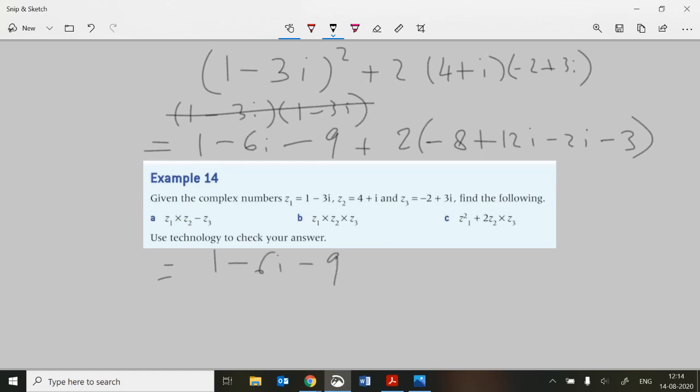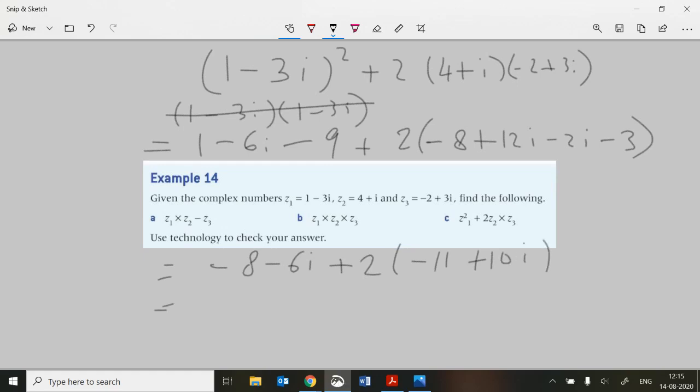If you're skipping through this, perhaps you've done it yourself. And we've got, so I'll simplify this first, actually. Let's just simplify this. We've got minus 8 minus 6i. And let's simplify what's inside the brackets here. So I'm doing my full working out this time around. And we've got plus 10i.